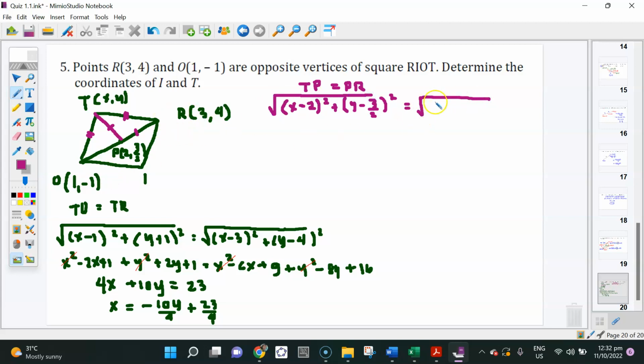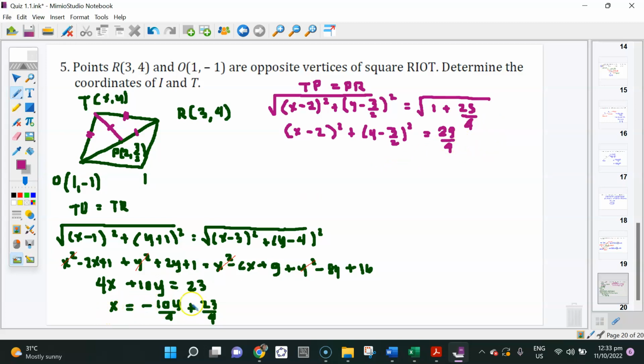So that will be (3 minus 2) squared, which is 1, plus (4 minus 3/2), which is 5 over 2 squared, so that will be 25 over 4. Now, squaring both sides and combining like terms, I'm going to have (x minus 2) squared plus (y minus 3/2) squared equals 29 over 4. Alright, so this will be my second equation.